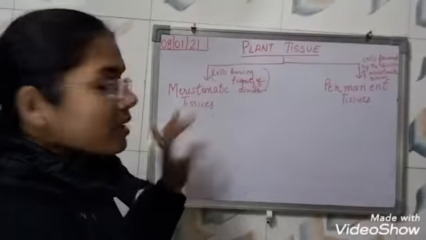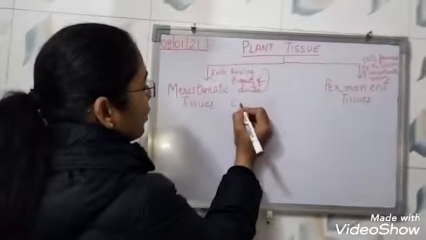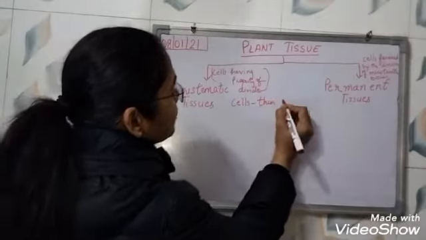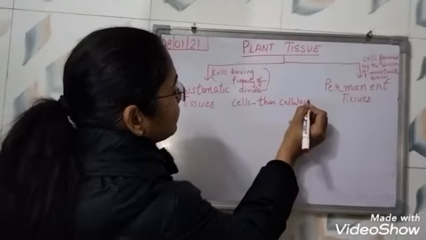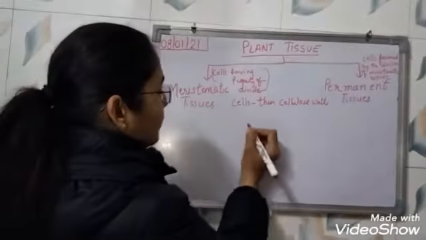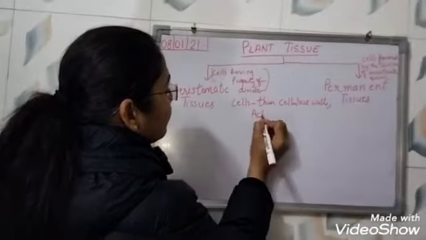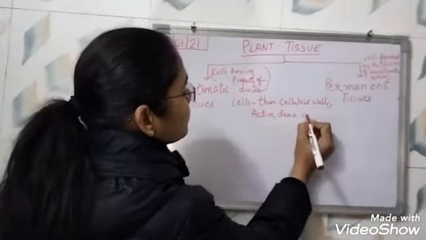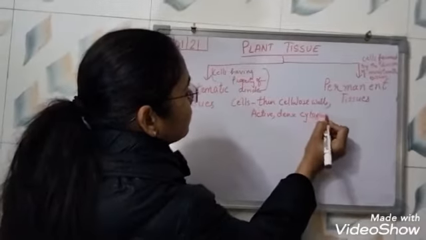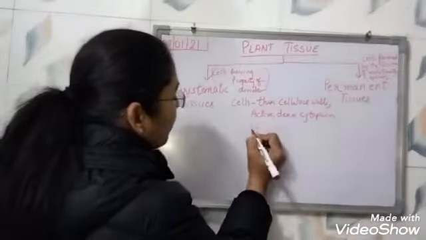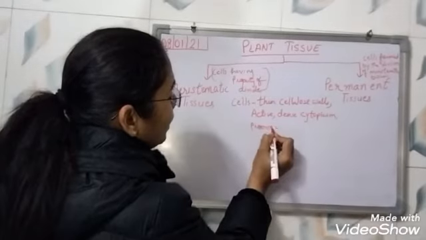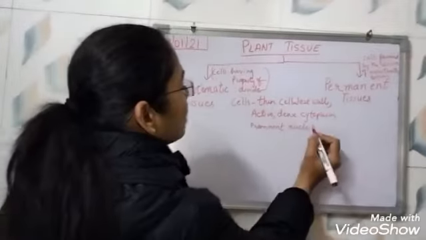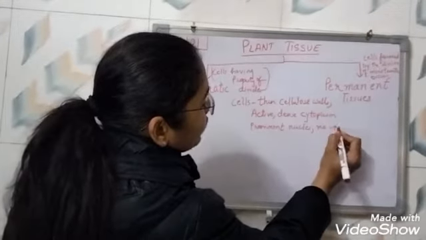Also, in meristematic tissues, the cells have thin cellulose walls, right? Also they are very active. Dense cytoplasm is there, prominent nuclei is there in each cell, and there is no vacuole.